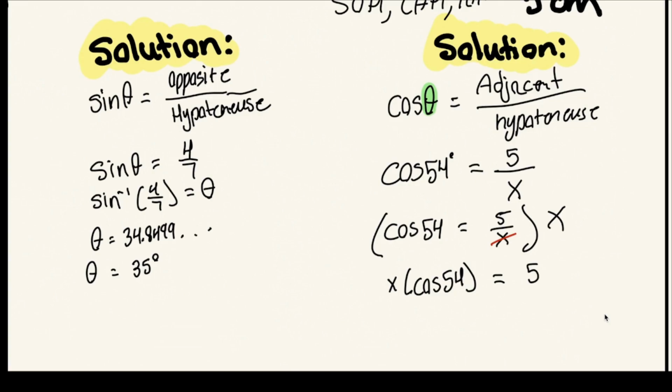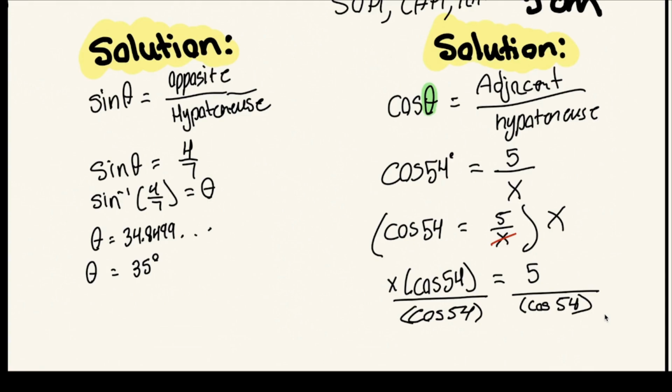Now, how do we isolate for x? We can take cos 54 and divide it by itself. Sorry, 54, my bad. We can take cos 54 and divide it by itself in order to isolate x. But what we do on the left, we have to do on the right, so we also divide this by cos 54.